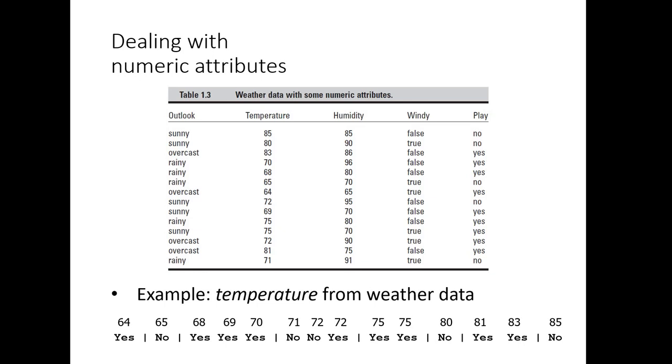Whenever the class changes, we put a breakpoint. Then you might wonder why there's no breakpoint here. For the same value, we cannot have two different classes. So that's why we have not put a breakpoint. Other than that, whenever class changes, we put a breakpoint.